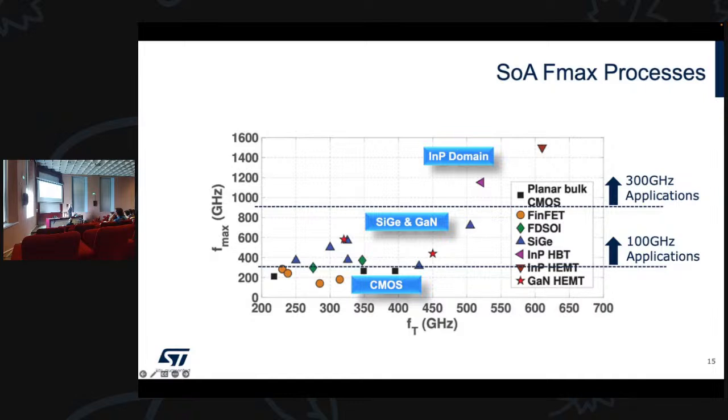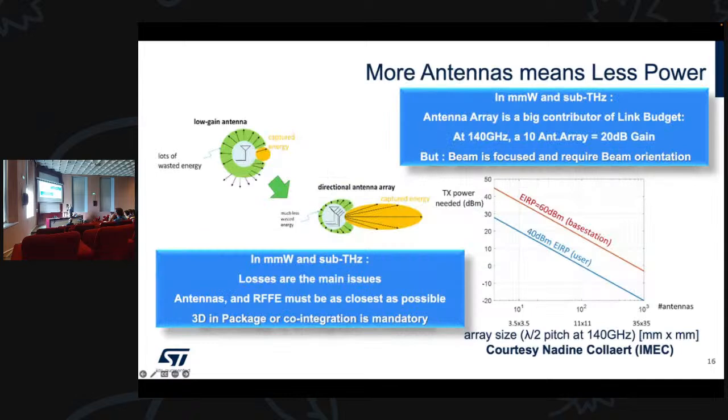Over 300 gigahertz, the only technology which gives us margin is InP. So this concerns the PA, the active part, if we can say, of the transceiver.